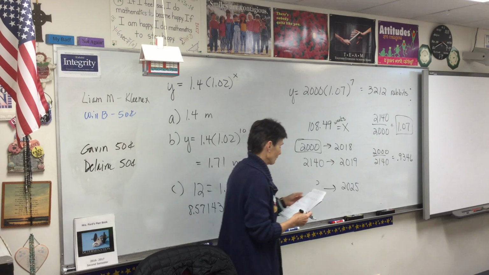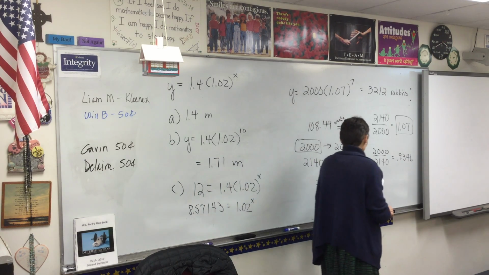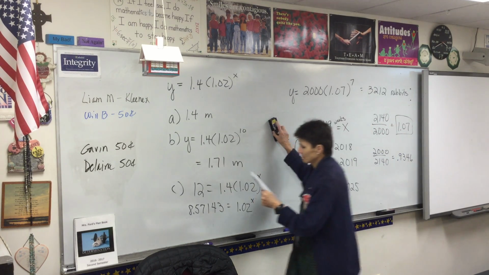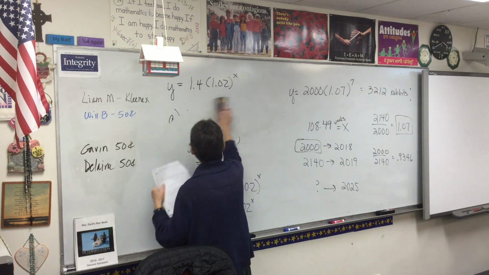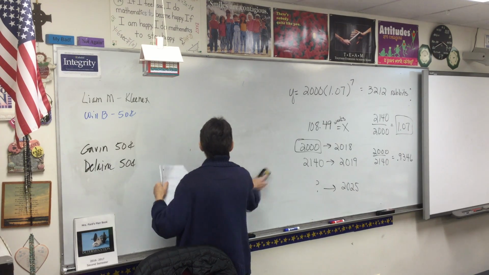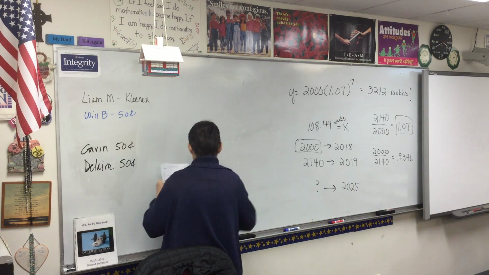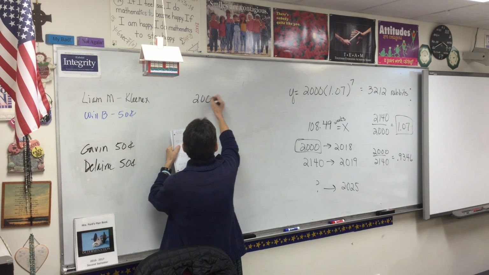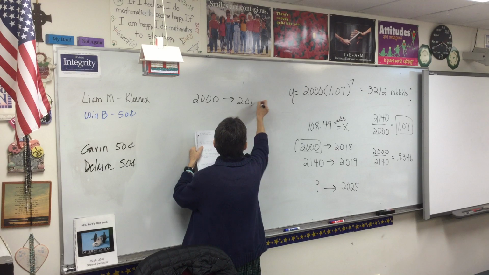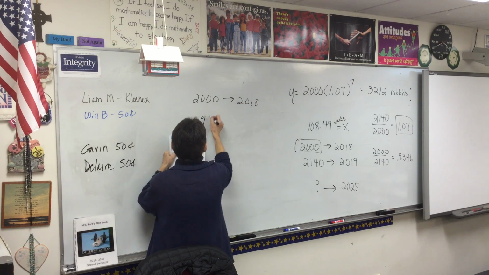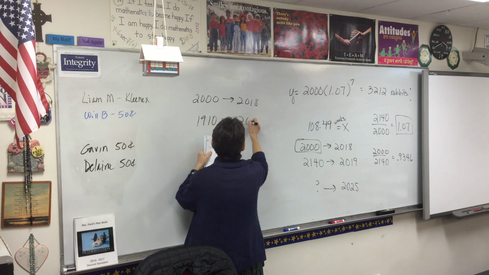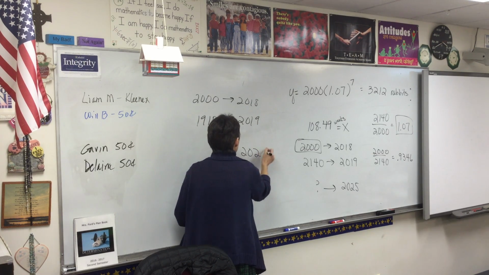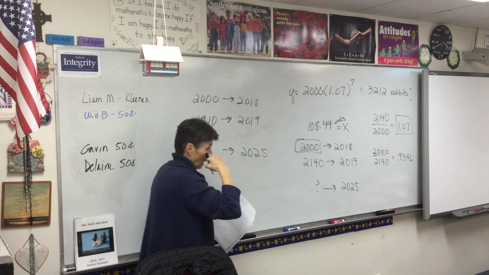Okay, one more and then we'll be done for the day. The bunny population was 2,000 in 2018. Now we've got 1910 in 2019. What will it be in 2025? So it's the same question basically.